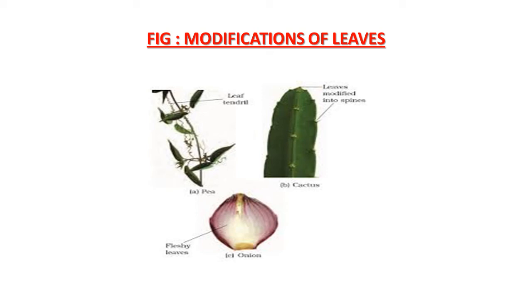So this way, in pea plant the leaves are modified into tendrils for climbing, in cactus they are modified into spines for protection, and in plants like garlic and onion, the leaf base is modified and becomes fleshy for storage of food.